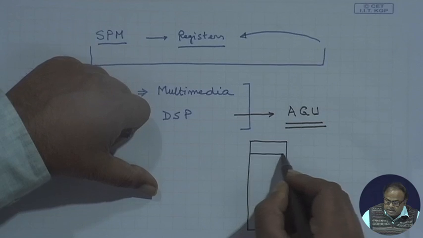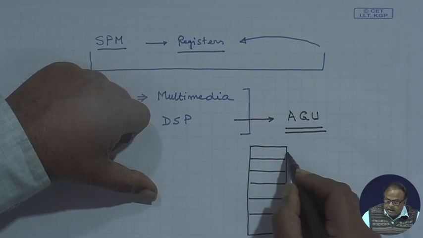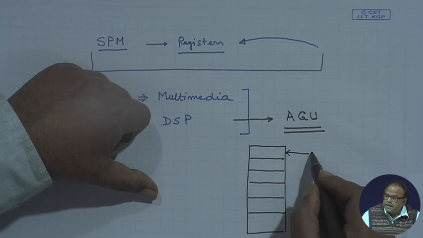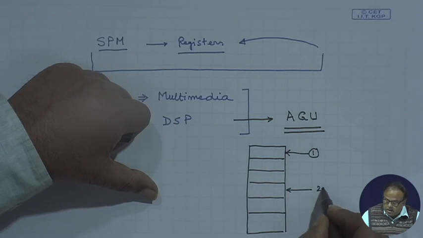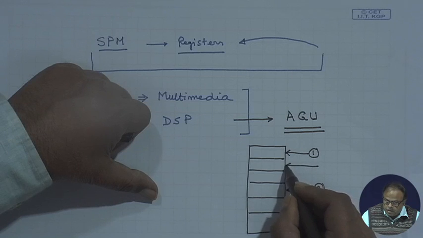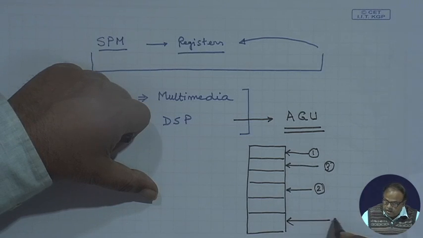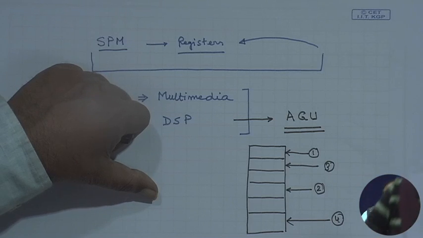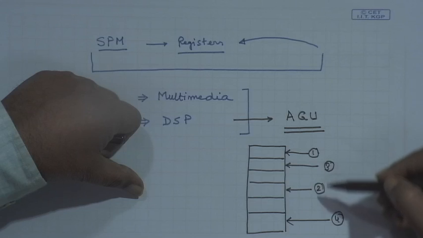I may like to access different parts of the array, maybe first this one, then this one, then this one, and then this one. So, continually I need to compute the addresses of these indices.